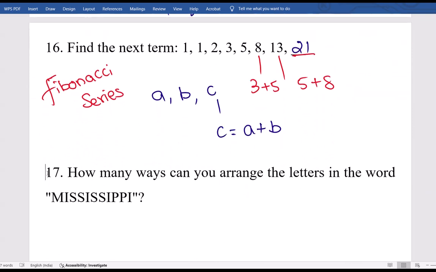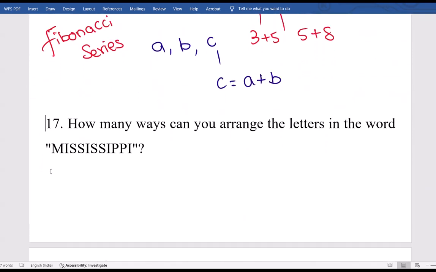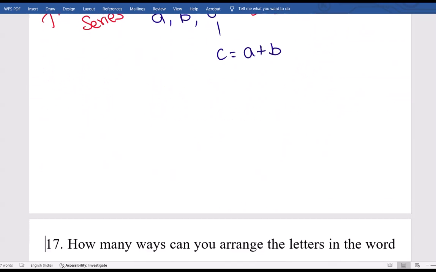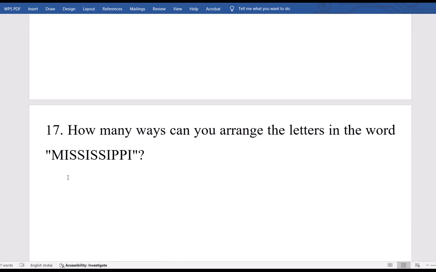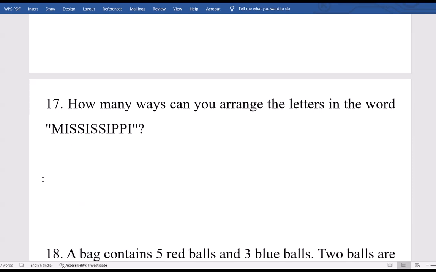Now we are entering into permutations and combinations, probability. That's what I am doing, tapping all different areas, basics, then slowly we'll go to the next level. How many ways can you arrange the letters in the word?